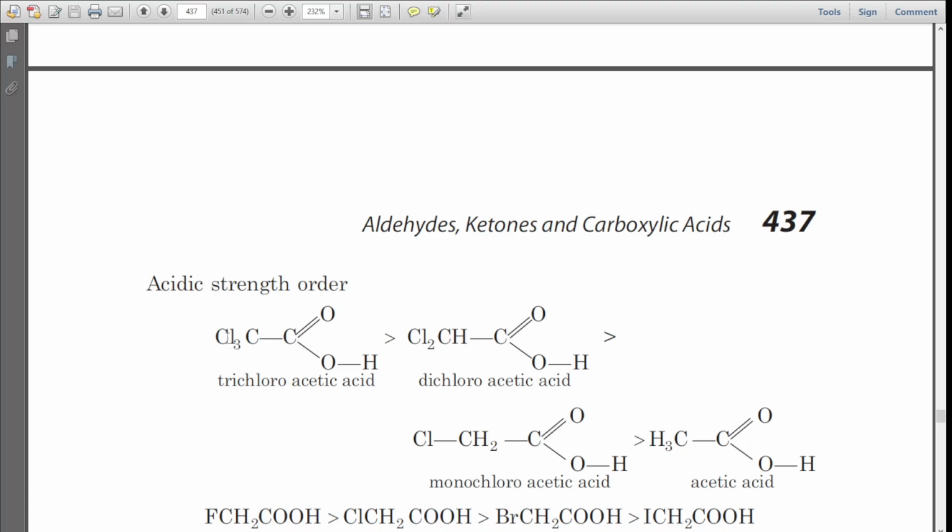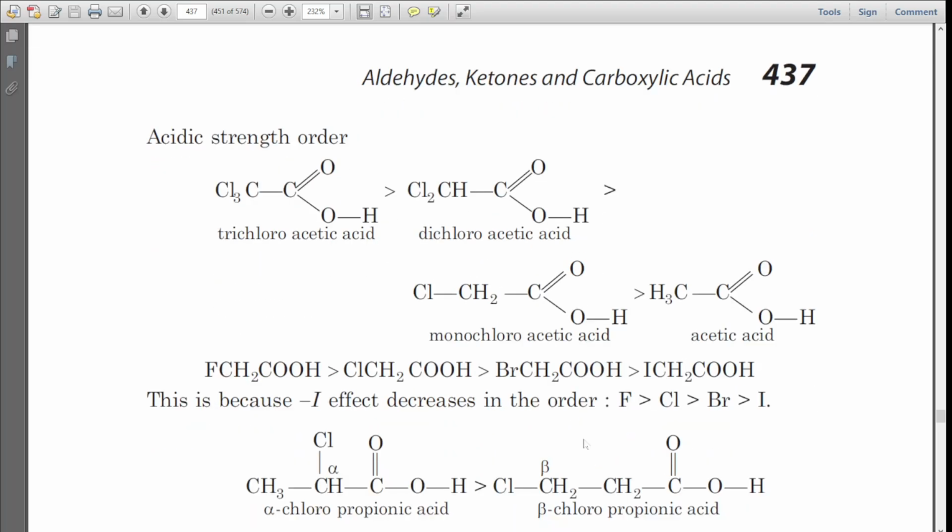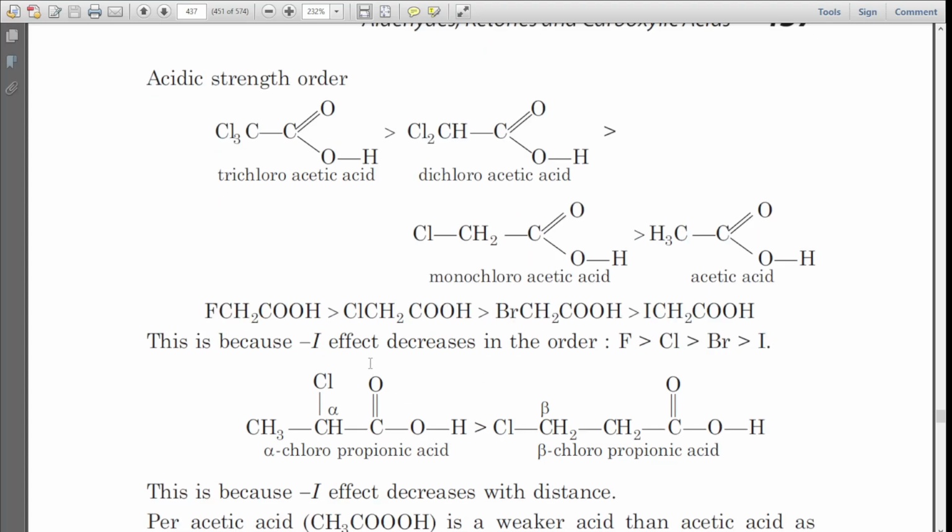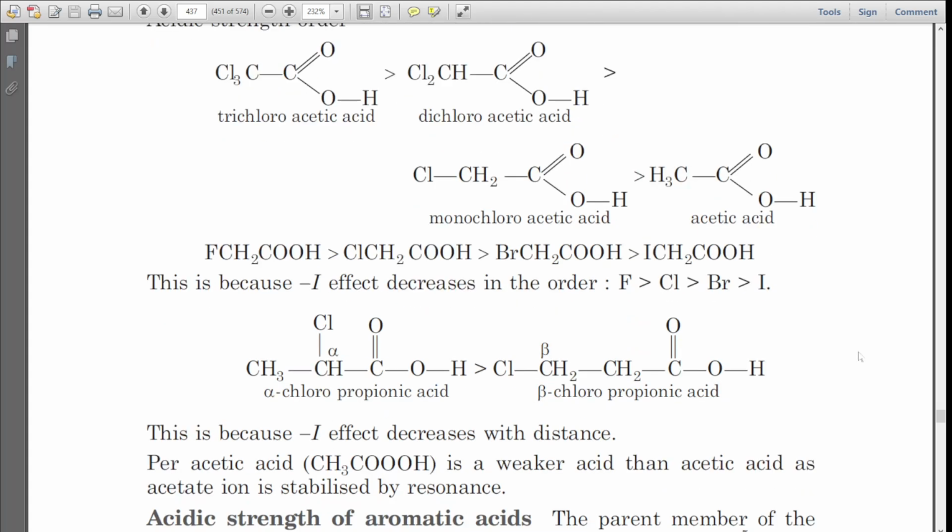As you can see here, the more halogen atoms we add, it increases the acidity of the carboxylic group significantly. The closer the halogen group is to the carboxyl group, the higher the acidic strength would be. The order of minus I effect goes in the following order: fluorine, chlorine, bromine, and then iodine. Fluorine having the highest effect on acidity.